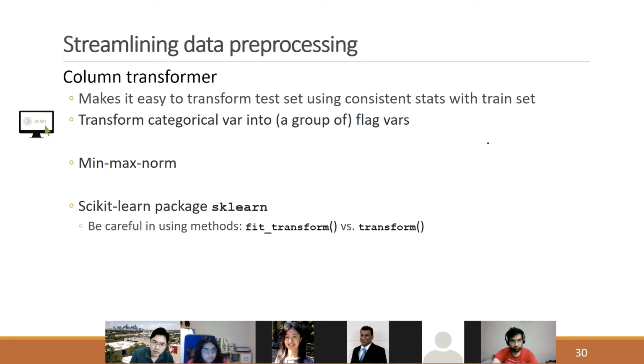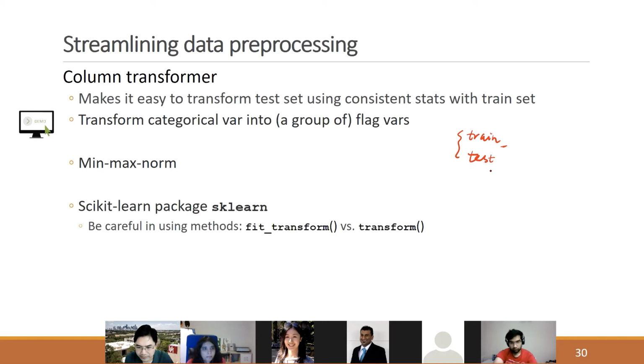Column transformer does not only make it easy to pre-process the training set. Because now we have the train and test, the real benefit is to use whatever you have built up for pre-processing the train set and apply it to the test set in one step.